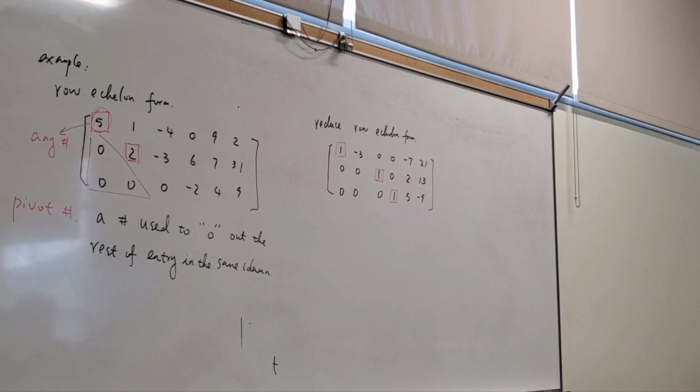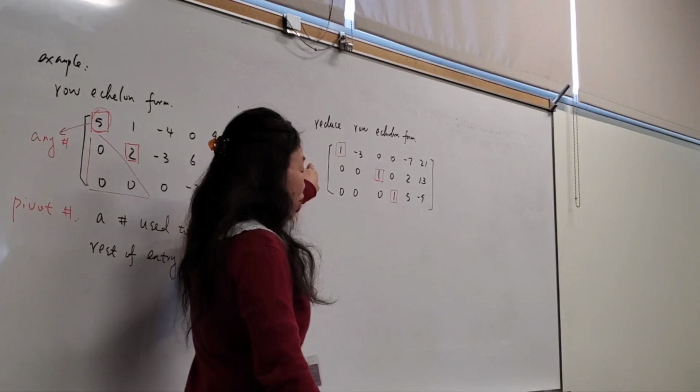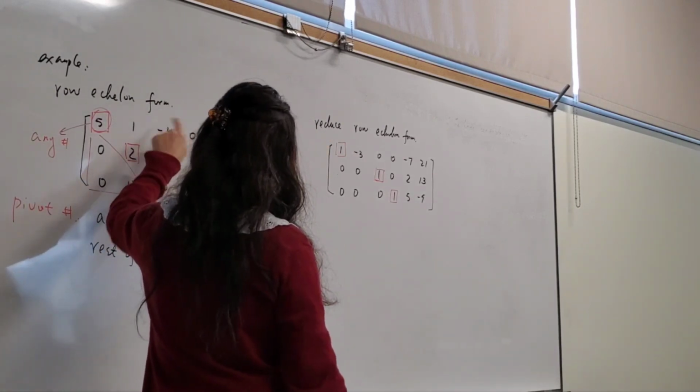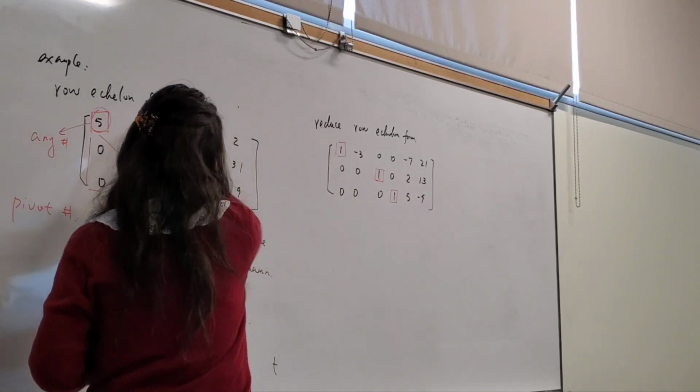Now let's do some examples from your book. Oh, one more thing. If you have a row echelon form, can you be a reduced row echelon form? If you are here, will you be this one also? Or if you're this one, will you be this one? Well, here's what happens. If you are reduced row echelon form, you are definitely a row echelon form, okay?